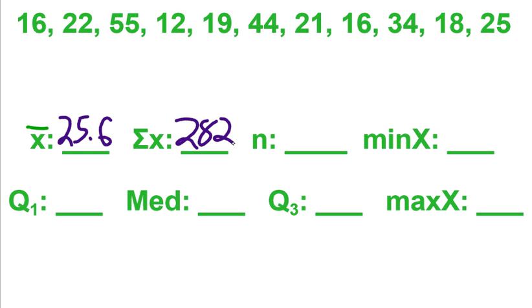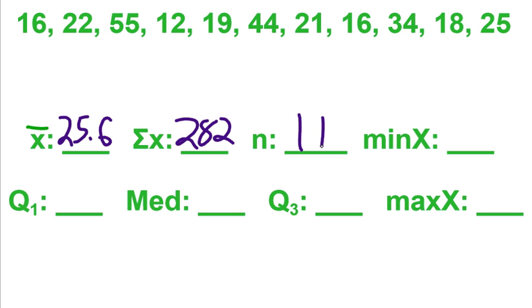How many items do we have? 11 items. Obviously, the N is not something you would do this to figure out. If you need to know how many items, the easiest thing to do is just count them, right? But it's just part of the data that you get.